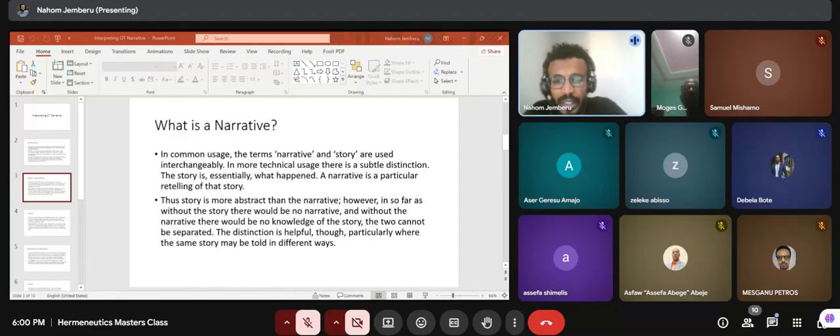Technically they are different, story and narrative. Story really is an actual account or a historical account of what happened. Story is what really happened, but a narrative is a particular retelling of what actually happened. For example, an event might happen around your home, and you might have witnessed that, and other people might also have witnessed that.